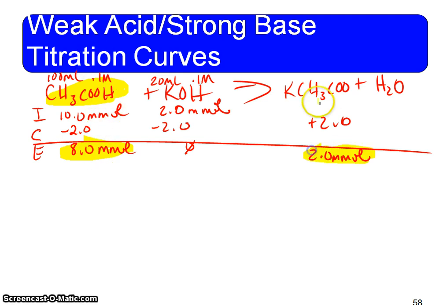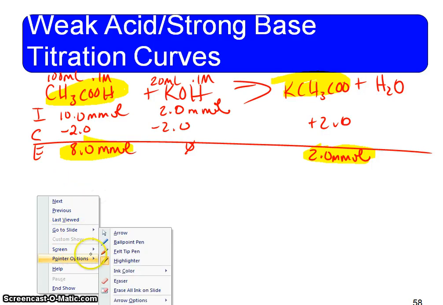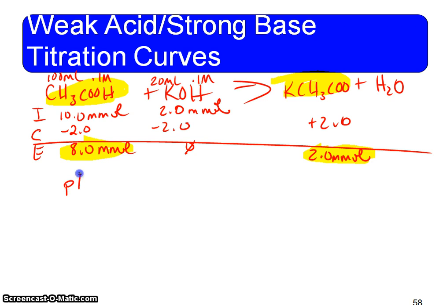And KCH3COO is its conjugate base. Weak acid, conjugate base. We made a buffer solution. Actually, we should say yay, because we've got this really cool equation that we love that helps us to figure out the pH of the buffer solution. pH equals pKa plus log of A minus over HA.